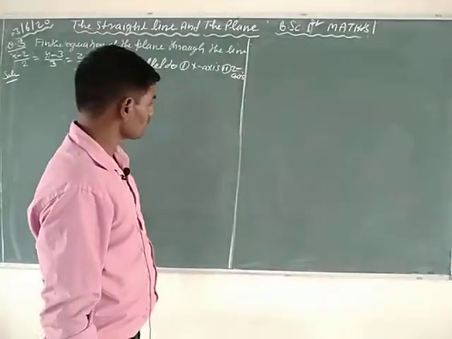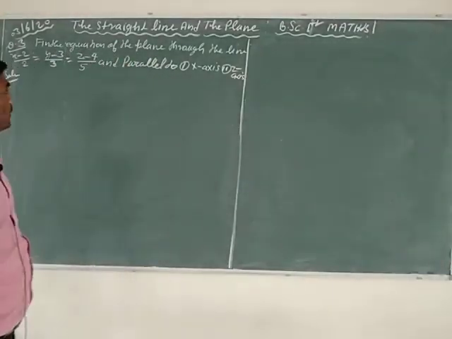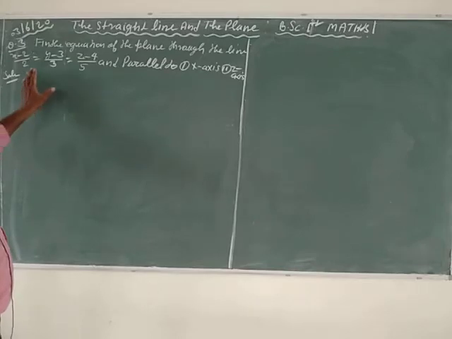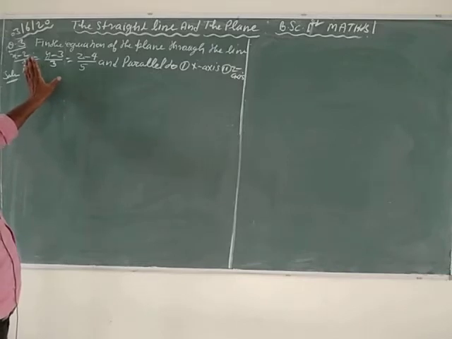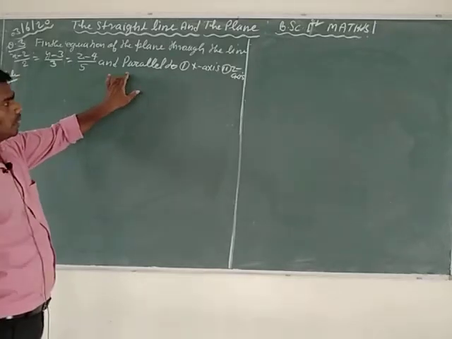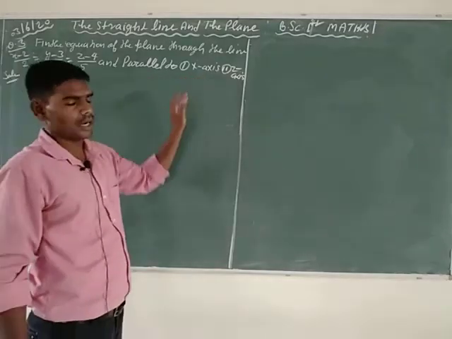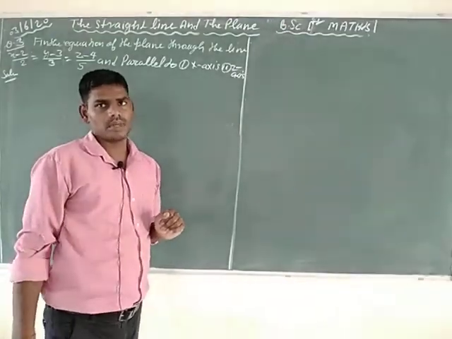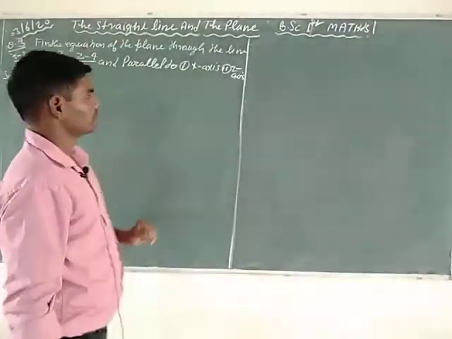So there are two cases. Here we want a plane equation which passes through this line and is parallel to the x axis in the first case, and to the z axis in the second case.